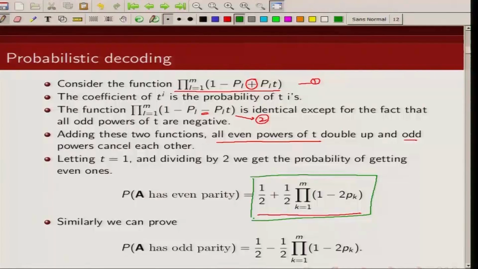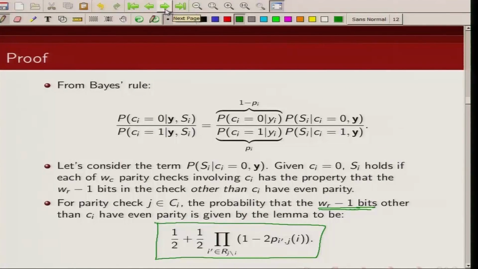So, probability that WR minus 1 bits have even parity is half plus half. Now, pay close attention to this, this 1 minus 2 pk. Now, what are the bits that we are considering? Now, what will Rj tell us?